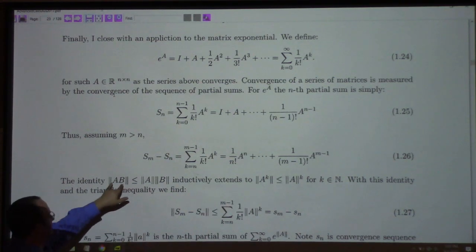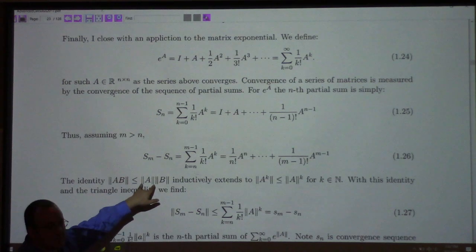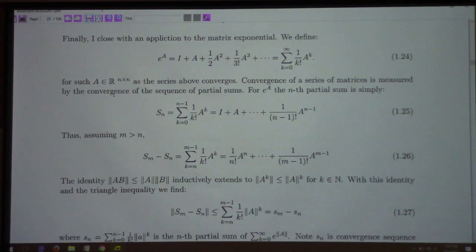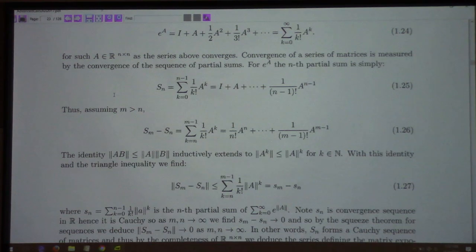The matrix norm has this wonderful property that the norm of a product of two matrices is less than or equal to the product of the norms. That actually means that matrices form what's called a Banach algebra, because they're complete and they satisfy that inequality.